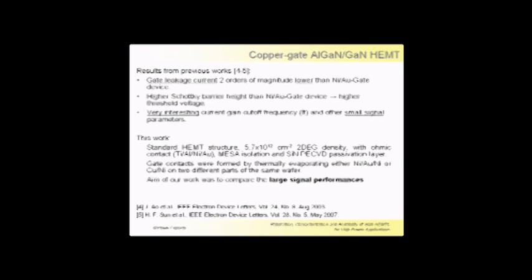So what we tried on a standard HEMT structure, with 2DEG density around 6E12, using standard ohmic alloyed contacts, titanium, aluminum, nickel, gold, mesa isolation, and silicon nitride passivation, using on the same wafer either nickel, gold, nickel, or copper, nickel, and we compared the large signal performance.